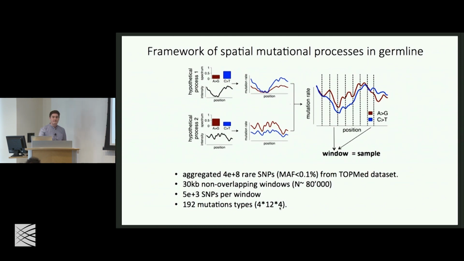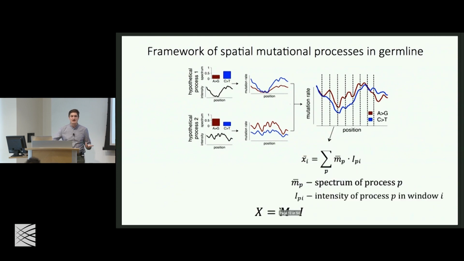So with that approach, we first looked if it actually works, at least in simulations. For that, first we formalized the problem. So we assume that frequencies of mutations in each window is again a linear combination of frequencies of mutations of unknown mutational processes and intensity of these processes in this window.